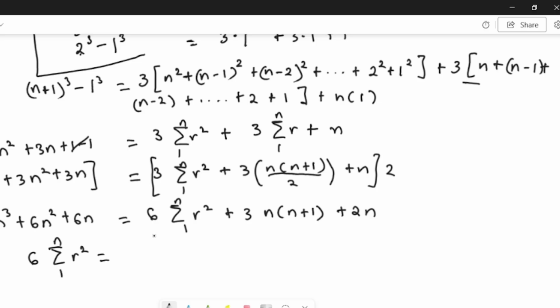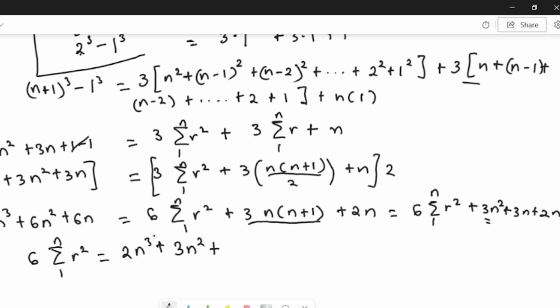It's going to give us 2n cubed plus this value here can be simplified. We're going to get 6 summation of r squared plus 3n squared plus 3n plus 2n. So 3n squared, if it's subtracted from 6n squared, gives us plus 3n squared, plus, this is 5n, if you subtract here you get n.